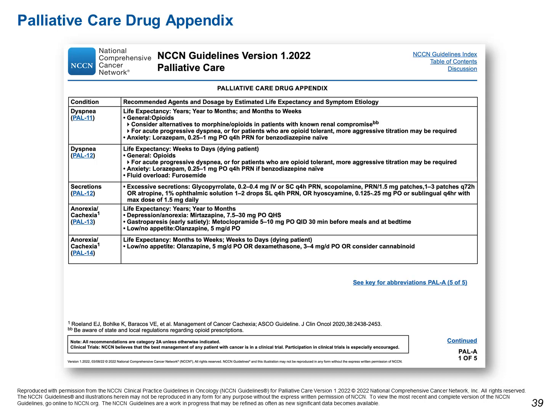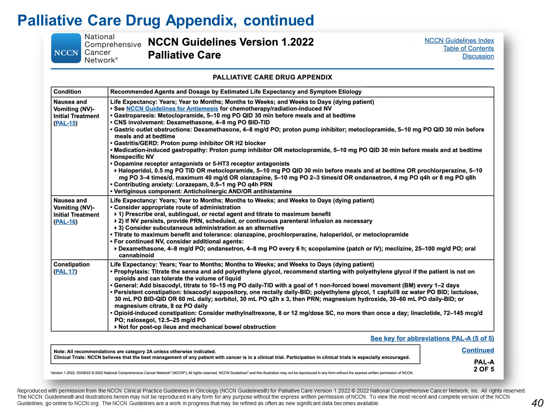For patients with anorexia and cachexia with short life expectancy, such as a dying patient, olanzapine can again be tried at 5 milligrams per day, or dexamethasone 3 to 4 milligrams per day PO, or consider a cannabinoid. For nausea and vomiting control, we have a lot of drugs, and there are separate guidelines for antiemesis for chemotherapy and radiation-induced nausea and vomiting.